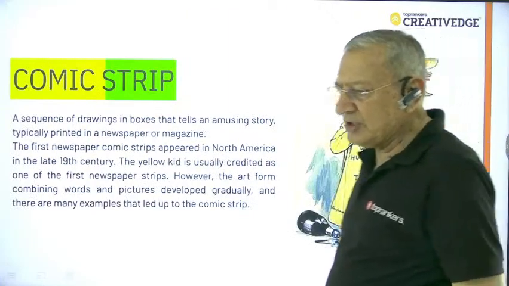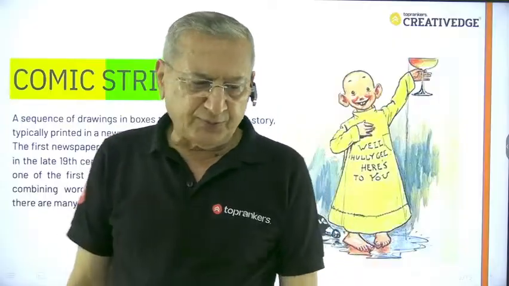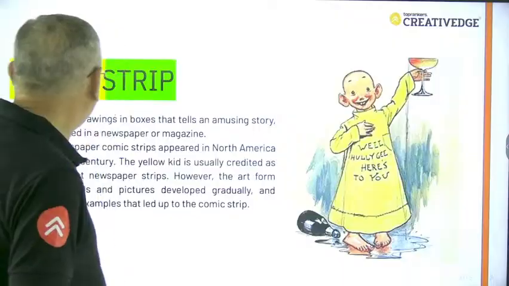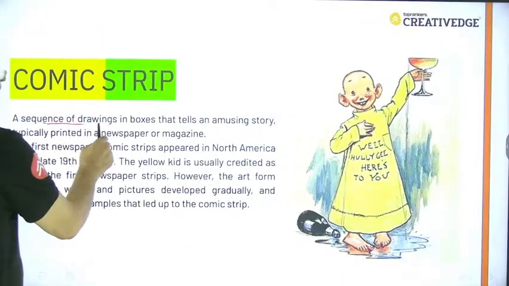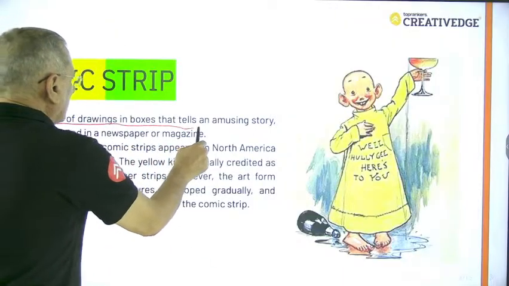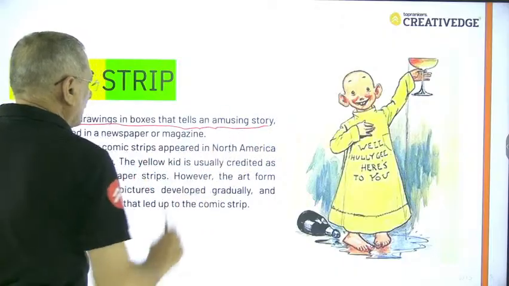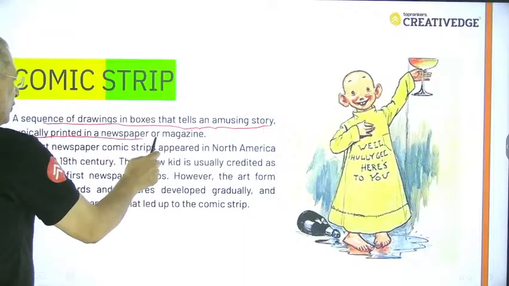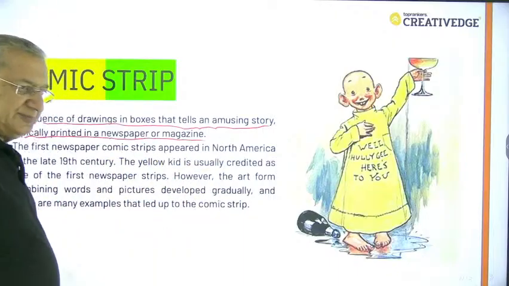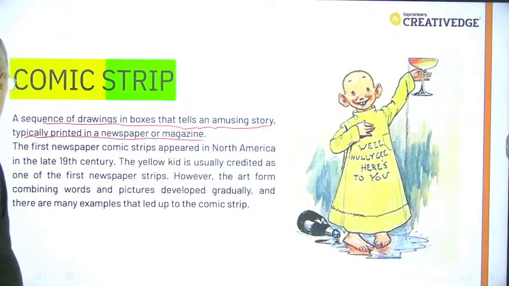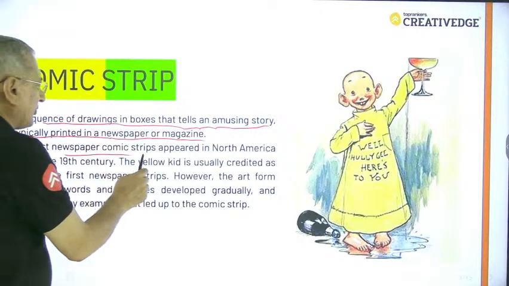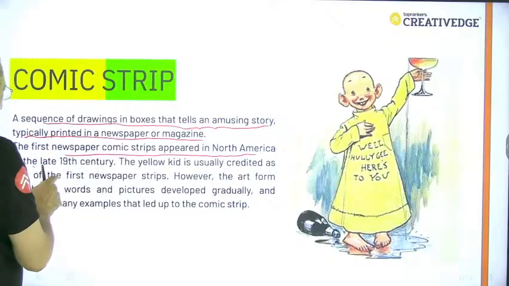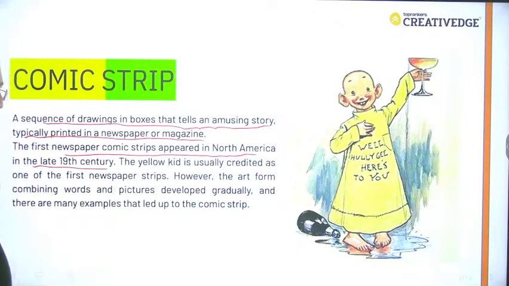To tell you about the history of comic strip, a sequence of drawings in boxes that tells an amusing story, typically printed in a newspaper or magazine. The first newspaper comic strip appeared in North America in the late 19th century.